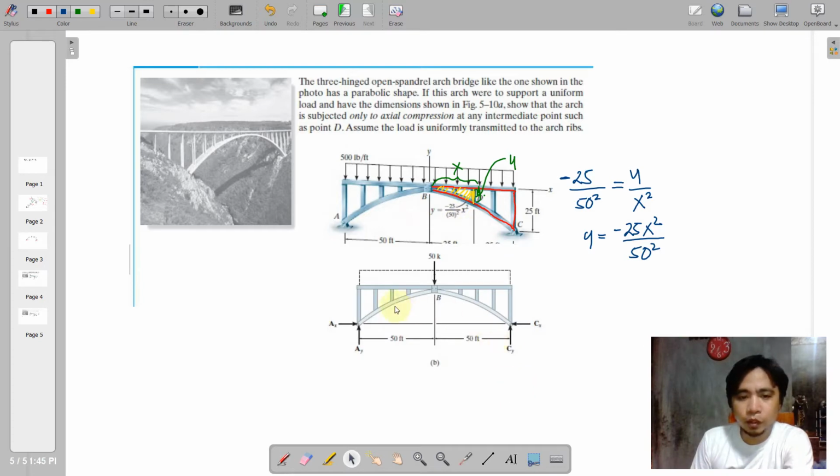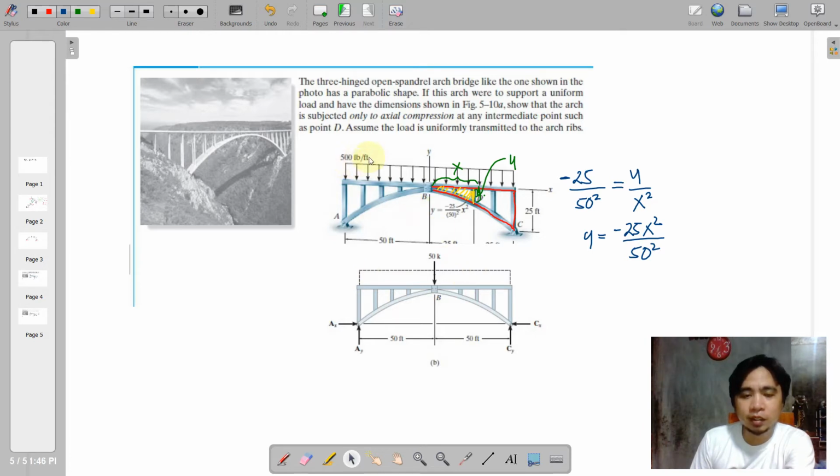So moving on, we are going to have the idealized structure here, naming our A, B, and C points. So first, we are going to consider the whole structure in order to come up with AY and CY. And it is just sharing the symmetrical load here.